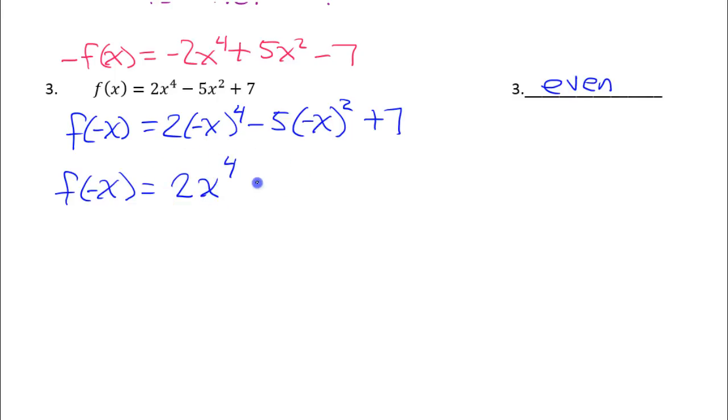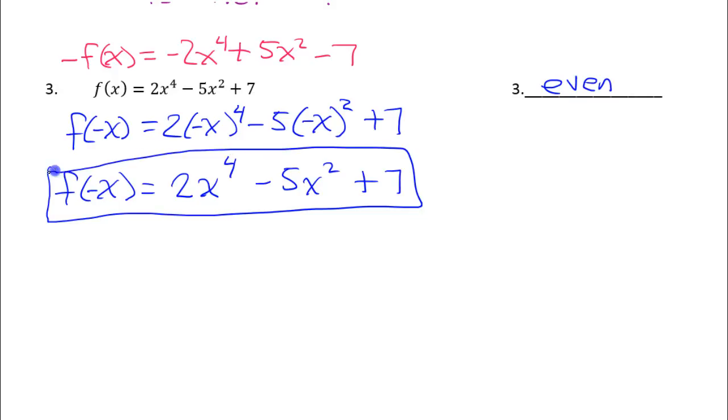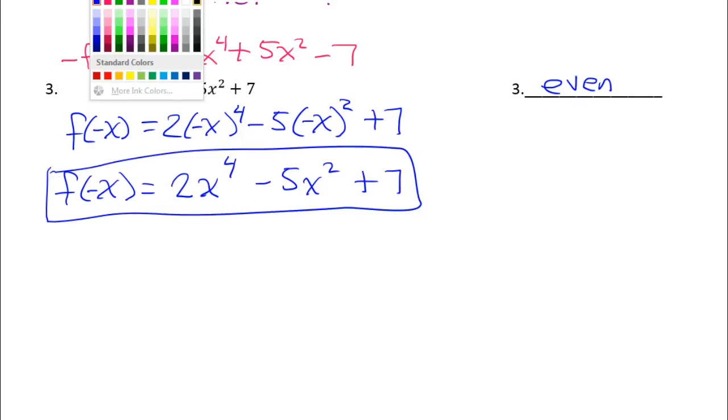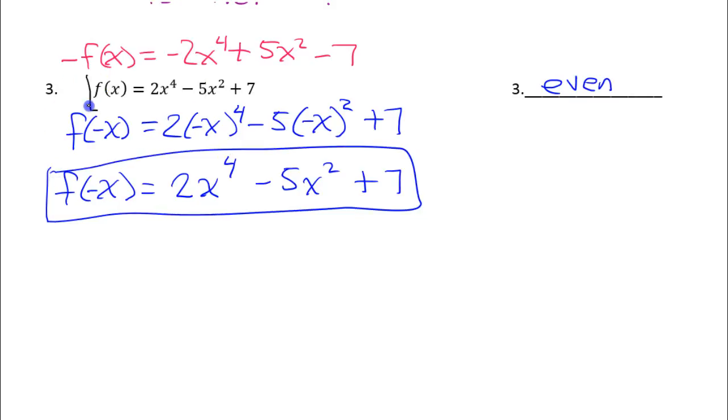This negative is gone, so I just have 5x squared and then plus 7. So I look at this and I compare it to the original function, and I notice that they match. Okay, these two are the same. So that's how I know it's even.